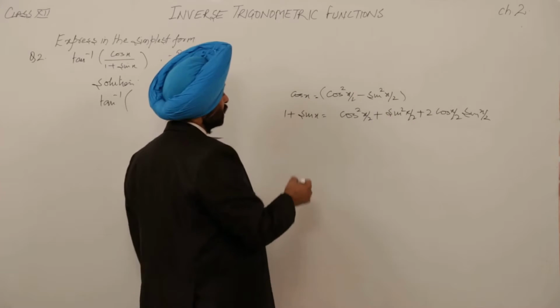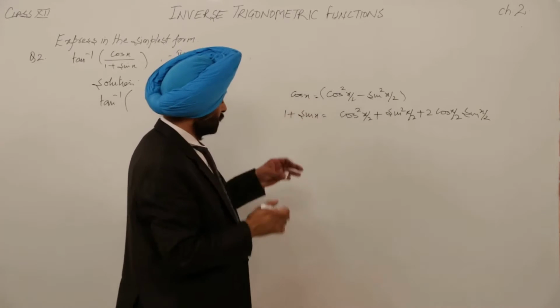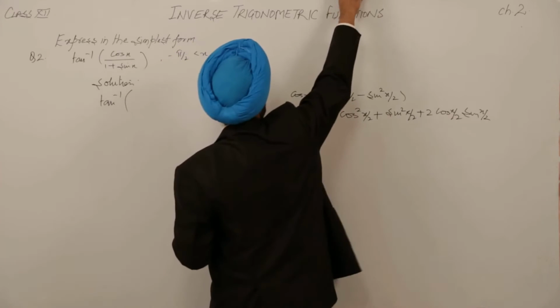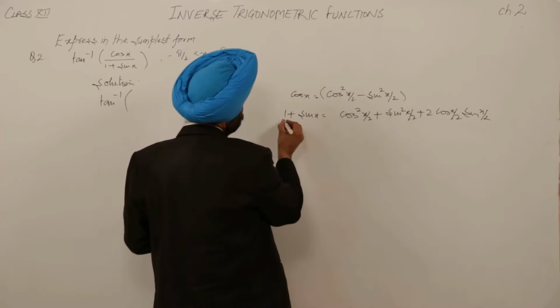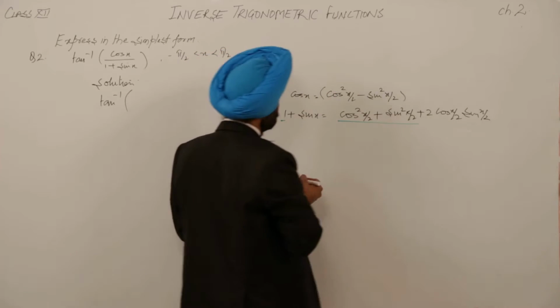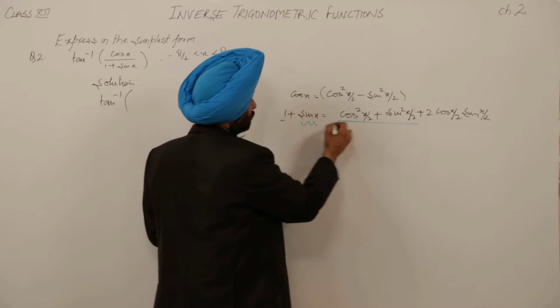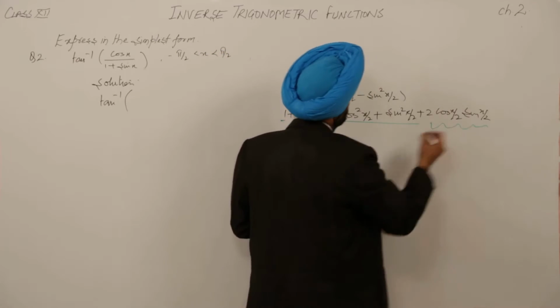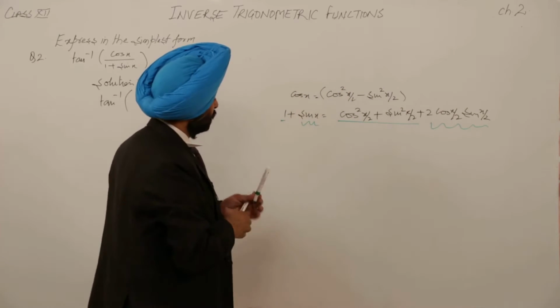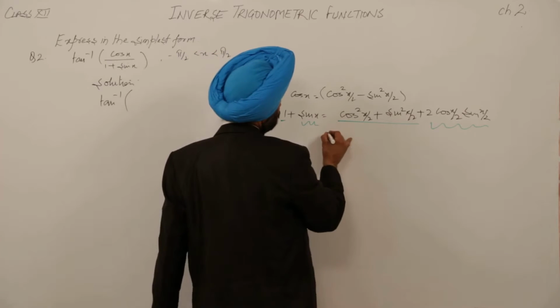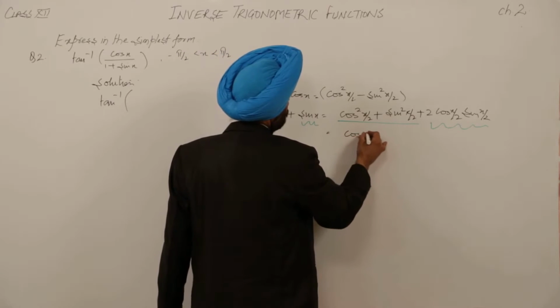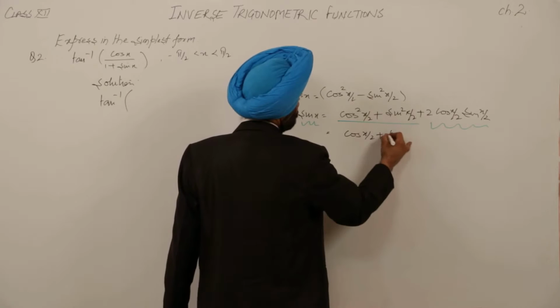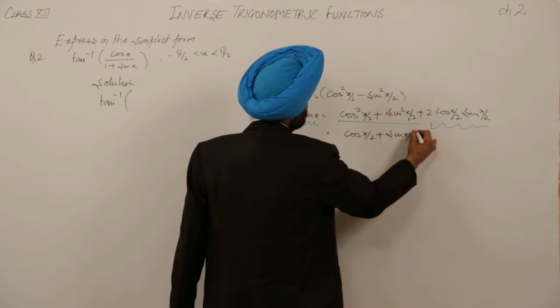Now, this becomes, for 1 plus sin x: this is 1, and this is sin x. In the combined form we get cos x by 2 plus sin x by 2, whole square.